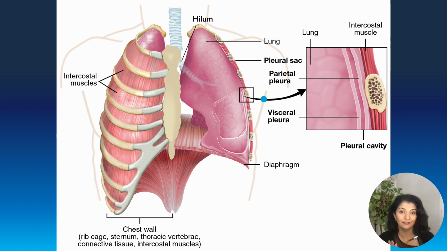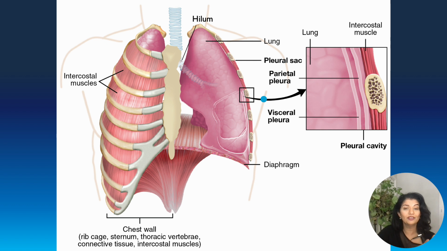So think about cling film. If you put cling film on, it's going to sort of wrap around the organ and go into every nook and cranny and fissure. That's what happens with visceral pleura. And the way to remember this is vital organ starts with V, as does visceral pleura. So visceral is always going to be right next to the organ that we're discussing.